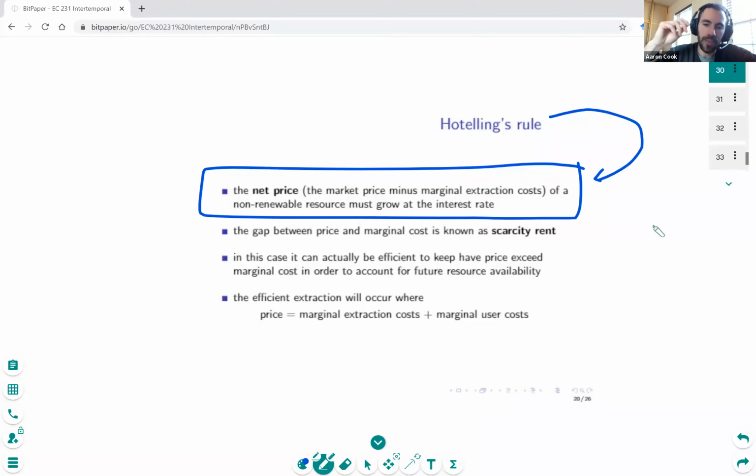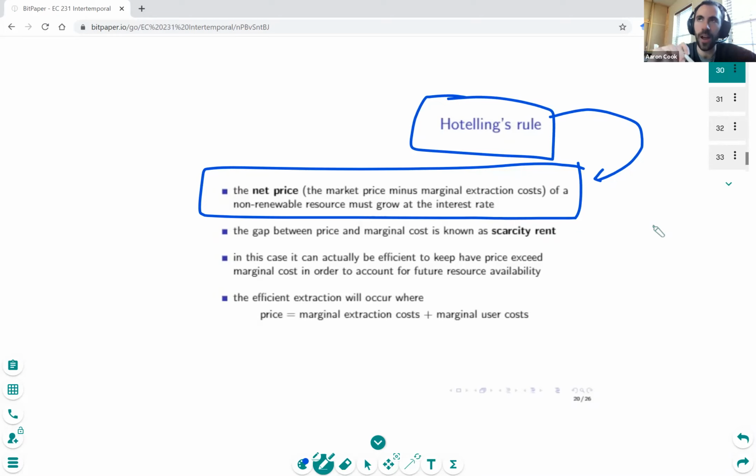Okay, so that's the end of the chapter 5 content that I wanted to bring up in class. It's very tricky, and I have another document that gives some more intuition for Hotelling's rule, not just in a 2-period case, but in a general n-period case, and also when there's competition between owners of a resource.